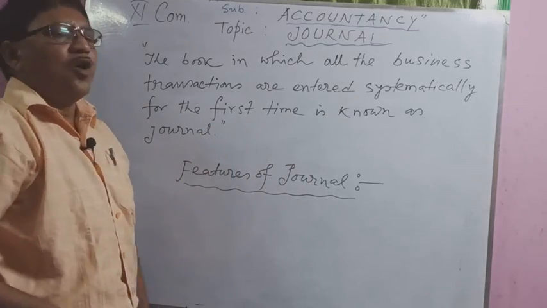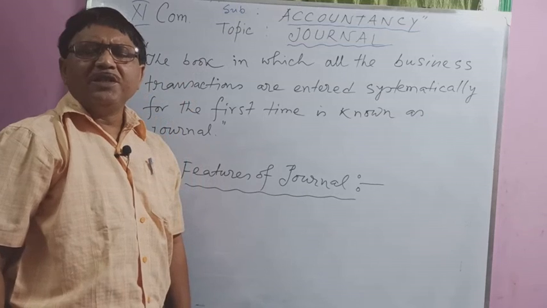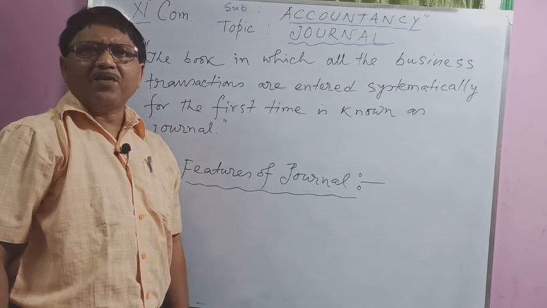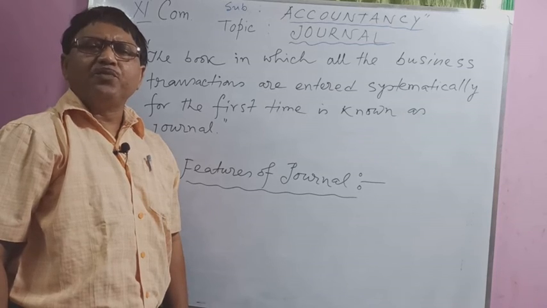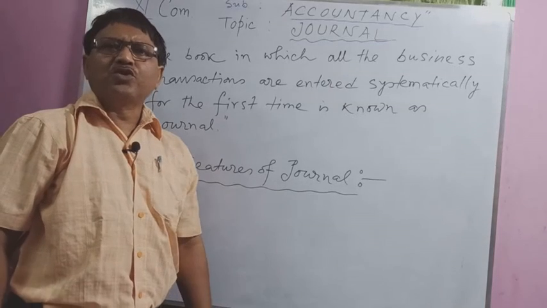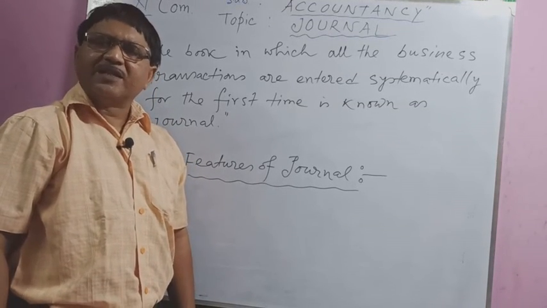That means all business transactions are first recorded in this book. Transactions happen, they are recorded in a book, and this book is known as journal. Journal has other names: books of original entry, day book, chronological book, etc.